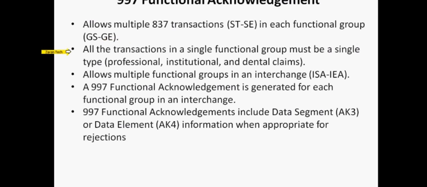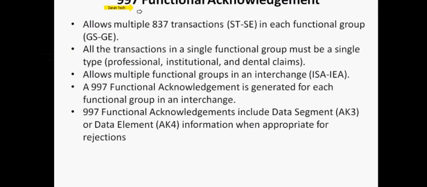All transactions in a single group must be of a single type. So what that means is, if you're generating a file, for example one text file, it should contain only professional claims, or only institutional claims, or only dental claims. That's what it means. In case you mix them up, it will generate an error report called 997.